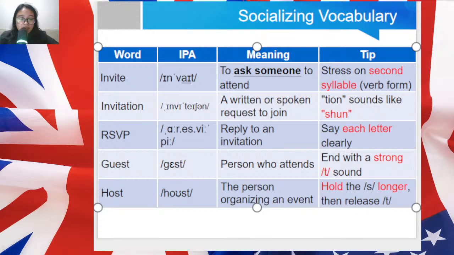A guest is a person who goes to an event or place because someone else has invited them.